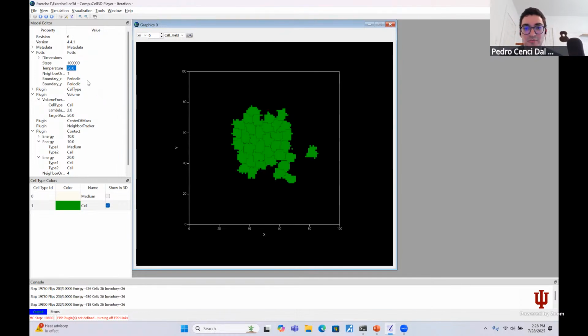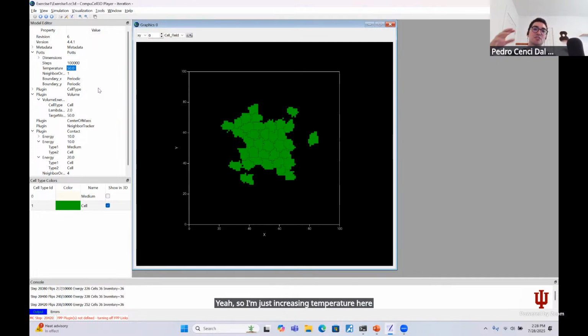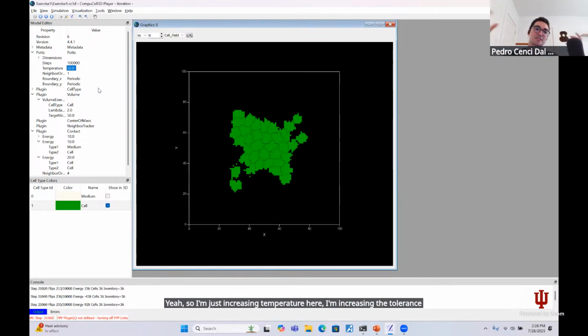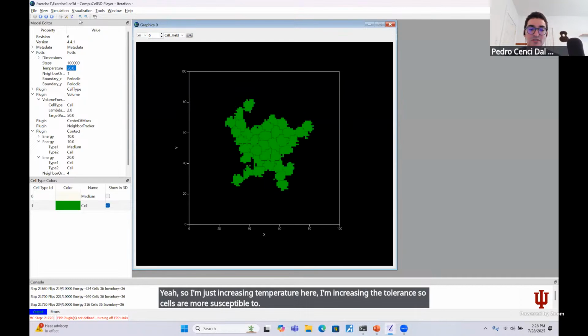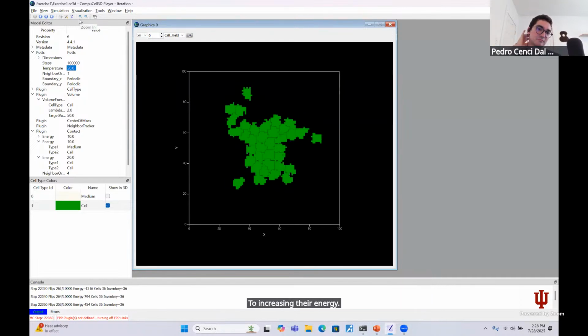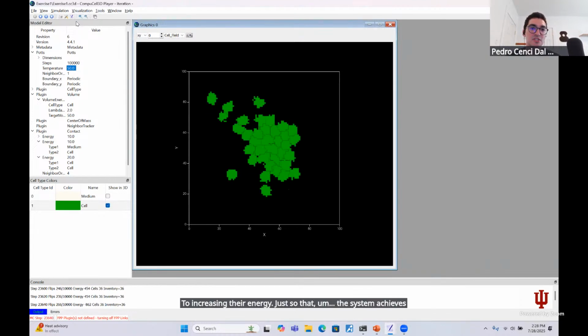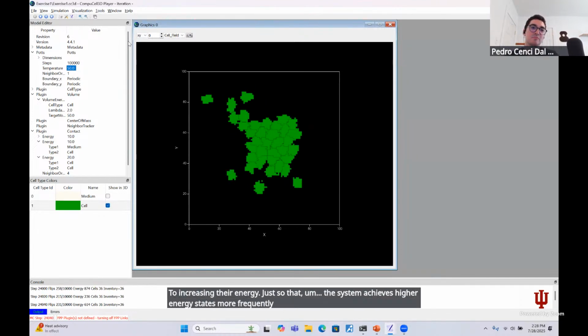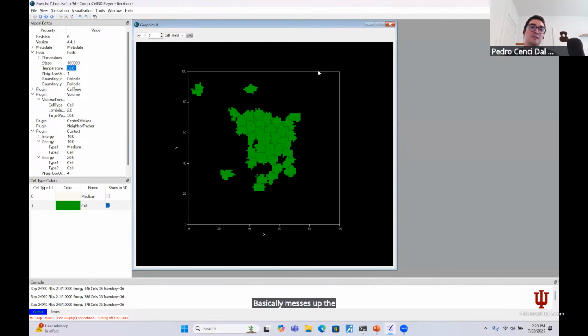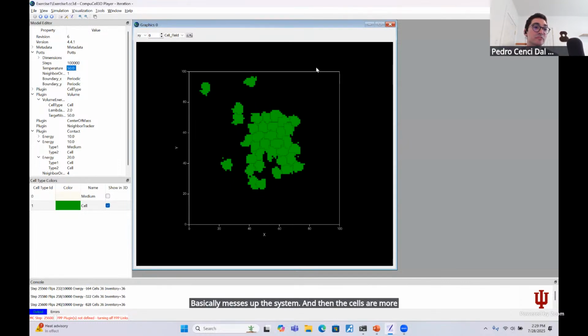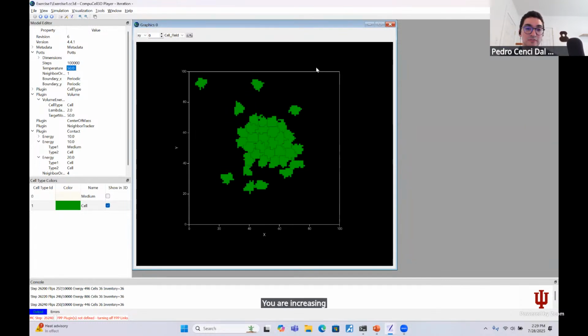So I'm just increasing the tolerance so cells are more susceptible to increasing their energy, just so that the system achieves higher energy states more frequently. This basically messes up the system, and then the cells are more likely to move around. You are increasing the diffusion of the cells.